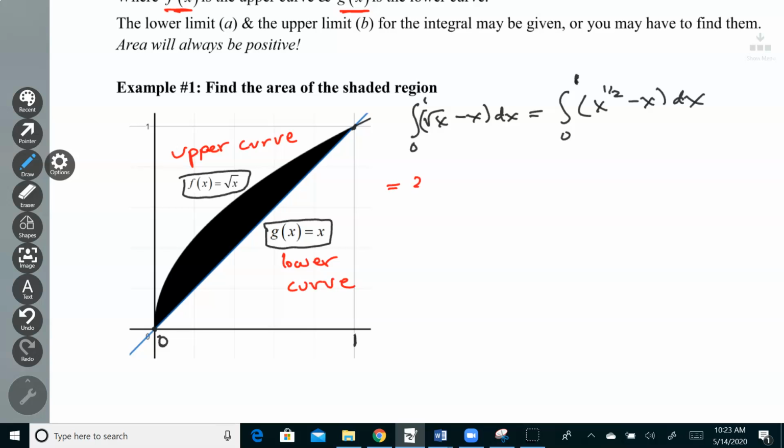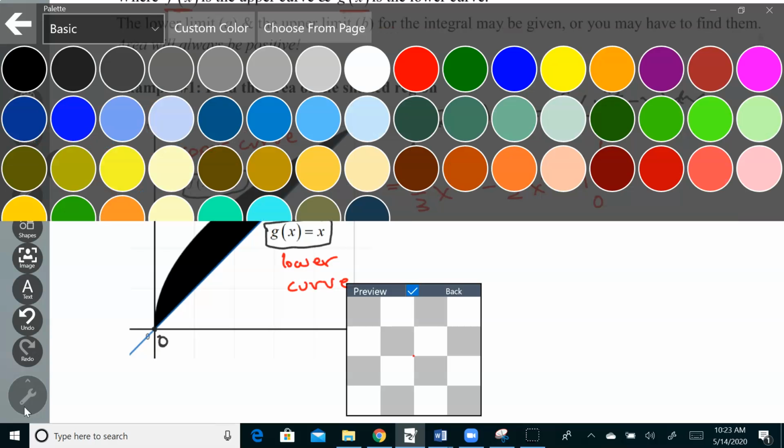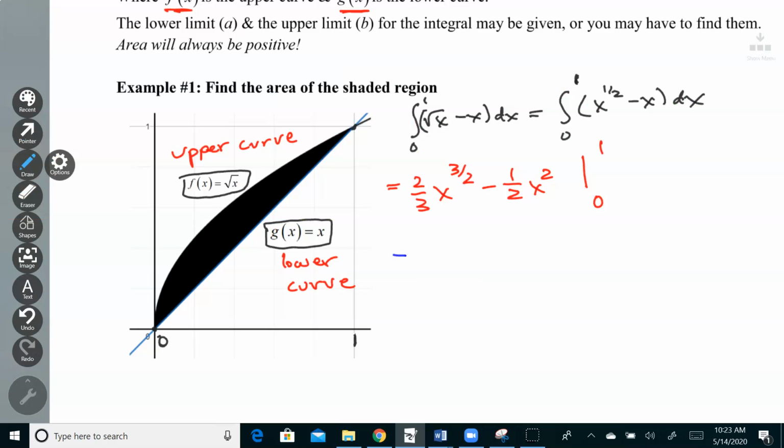Equals 2/3 x to the 3/2 minus 1/2 x squared. Evaluate it from 0 to 1. Equals 2/3 times 1 to the 3/2 minus 1/2 of 1 squared.